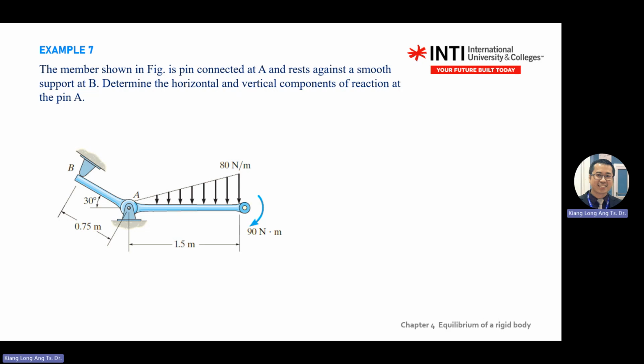Okay, so press calculator. 800 multiply 1.5. Just put in the equation. W is a distributed load multiplied by the length. Because it's a triangular, so divide by 2. Okay, you should be able to see this one actually is a rectangular, but half rectangular.